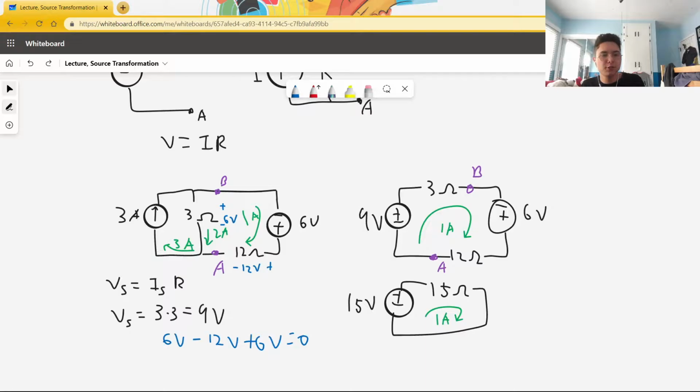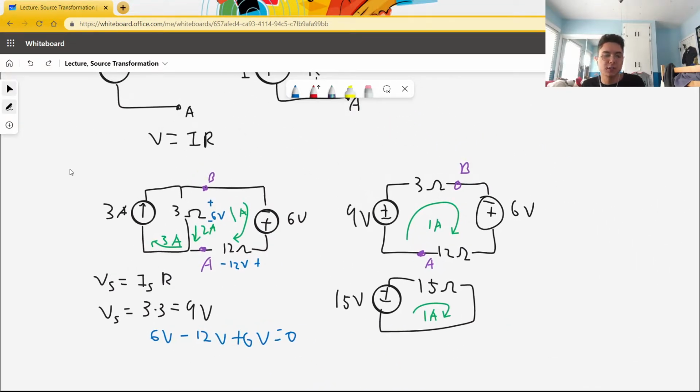In order to use source transformation effectively for the analysis of a large circuit, you need to be able to decombine your circuit. So if you've combined and transformed, you need to be able to untransform and transfer your data from the simpler circuit to the more complex circuit. Or you can perform your source transformations to isolate the specific resistor or voltage source that you want to get data about.